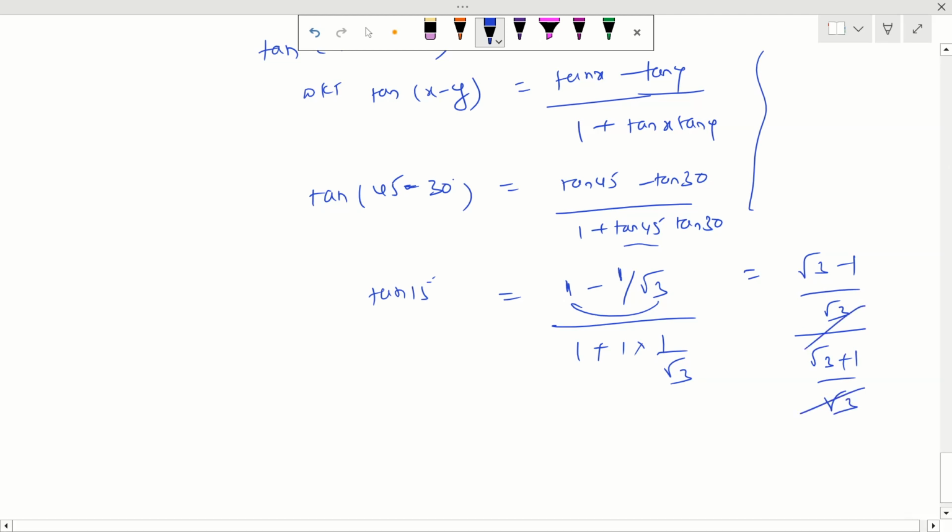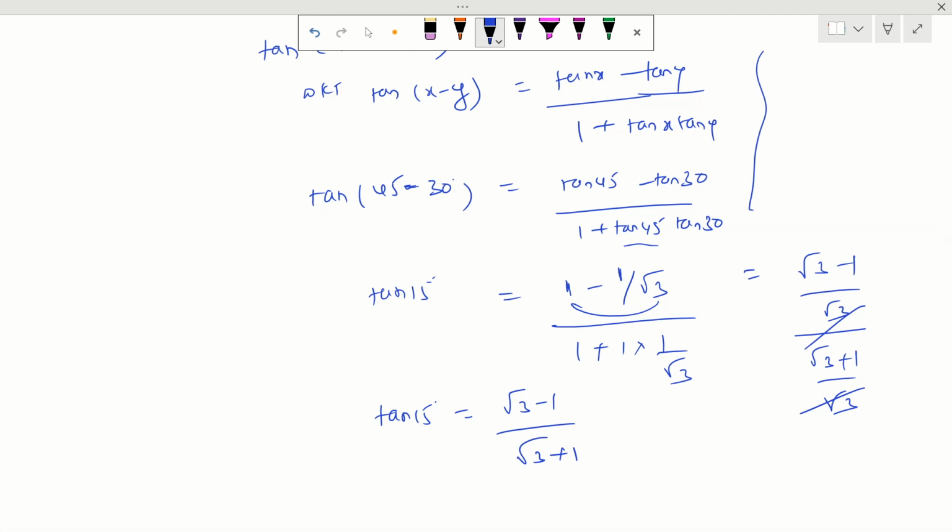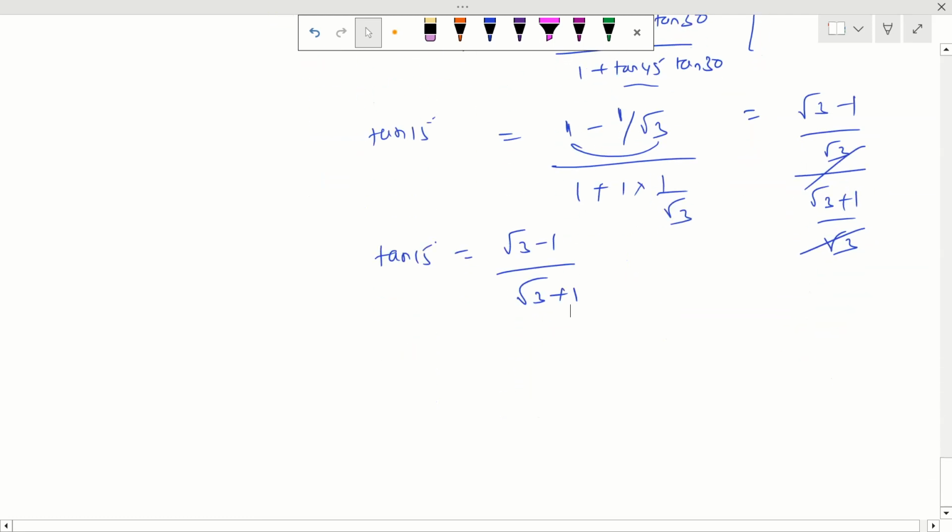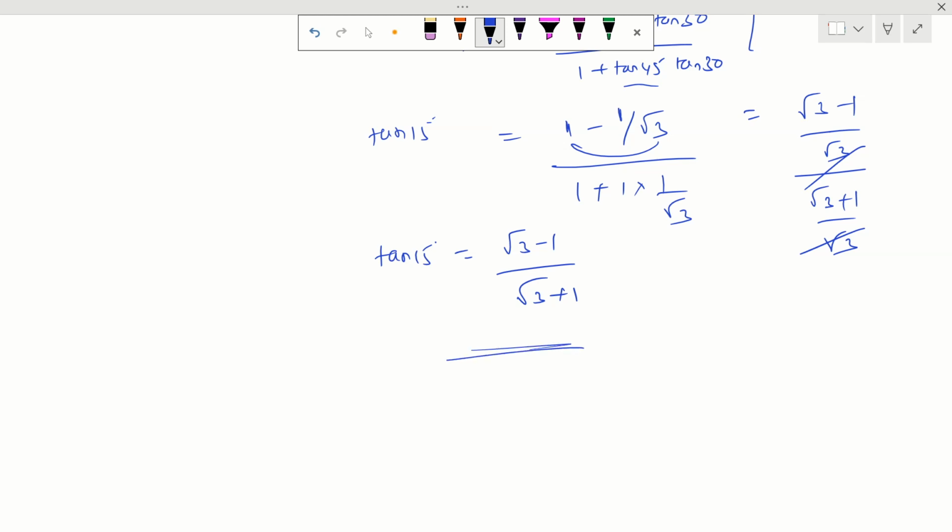So tan 15 is equal to root 3 minus 1 divided by root 3 plus 1. Understood? This is over.